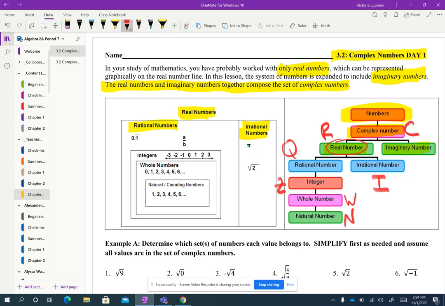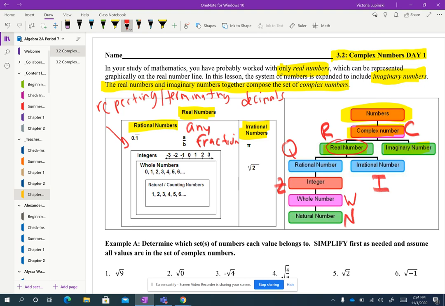So as a reminder, the rational numbers are any fraction, and it's also the repeating and terminating decimals. So the nice fractions and the nice decimals, things like 0.1 repeating, things like 0.25, things like 4/5. Any repeating or terminating decimal is called a rational number.